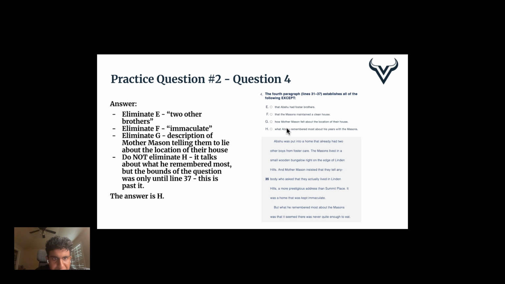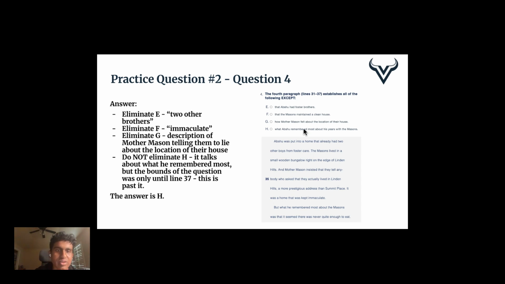What about H? What Abshu remembered most about his years with the Masons? This is kind of a trick question because it tells you the bounds: lines 31 to 37. It does say over here, but what he remembered most about the Masons was that it seemed that there was never quite enough to eat. So that's confusing to us, right?